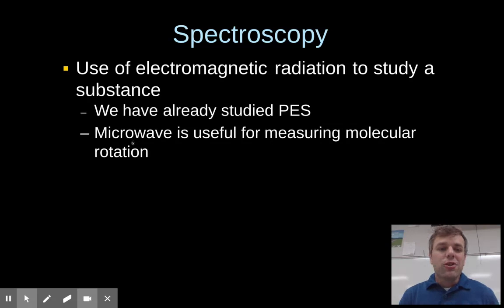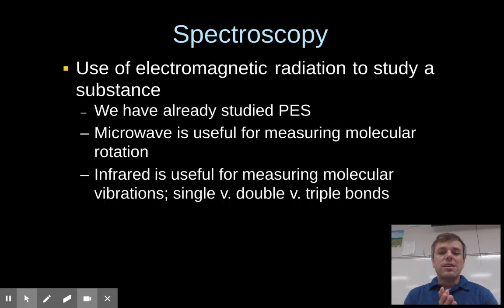So you can use microwave spectroscopy to essentially measure the size of a molecule. The key term that you're expected to know for the AP exam is microwaves go with the rotation of a molecule. Then if we get to smaller wavelengths, infrared is useful for measuring molecular vibrations, which can tell you the difference between single, double, and triple bonds. Because if you use a wavelength that is the size of a bond in a molecule, it can cause that molecule to start vibrating back and forth as it absorbs that infrared light.